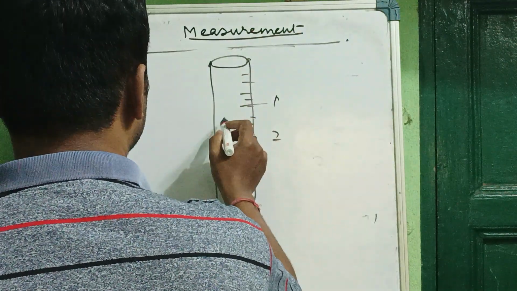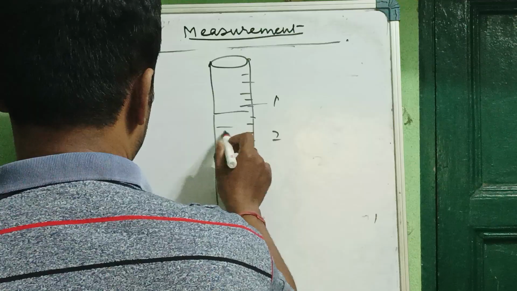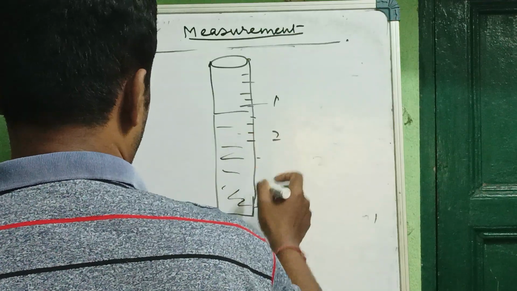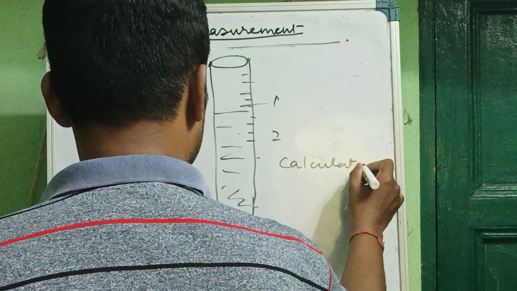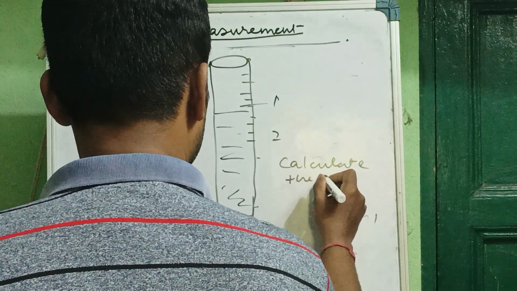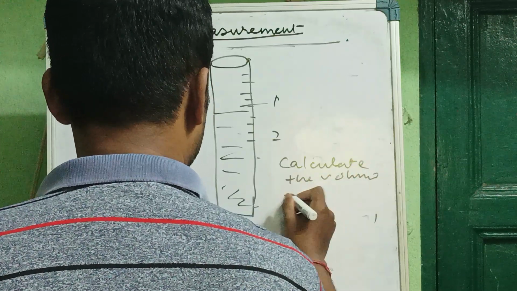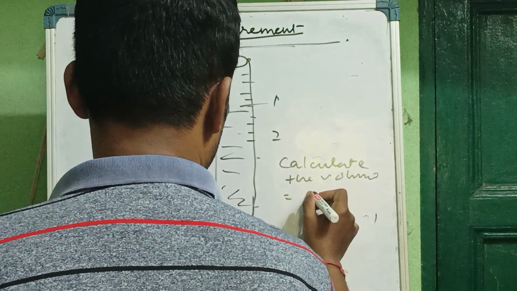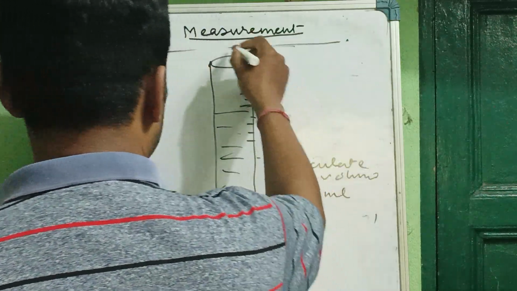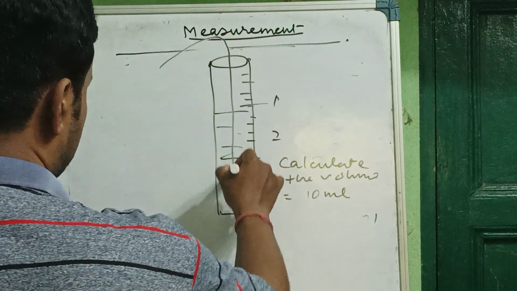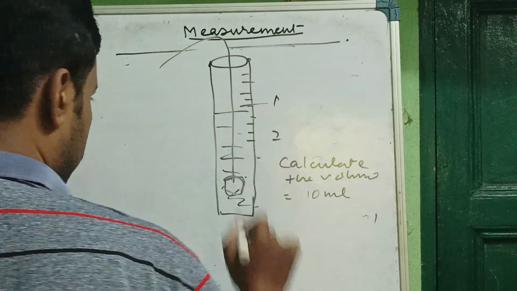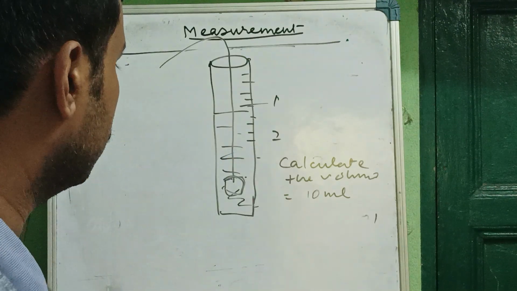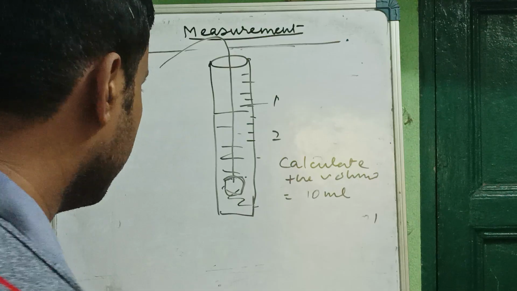First of all, we take some amount of liquid in the measuring cylinder and calculate the volume of this liquid. If it is 10 ml, then the unknown mass of substance is put into this measuring cylinder by a fine thread.